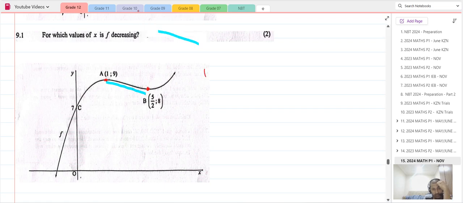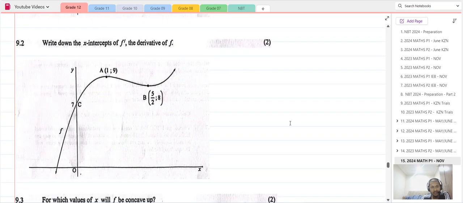From 1 to 5 over 2, decreasing. Perfect. Move on to the next question.